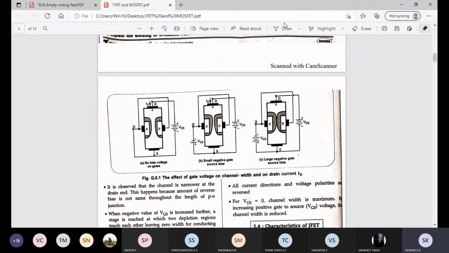See, this structure you know now, correct? The structure of JFET you know now. So the working can be made understood in two steps.